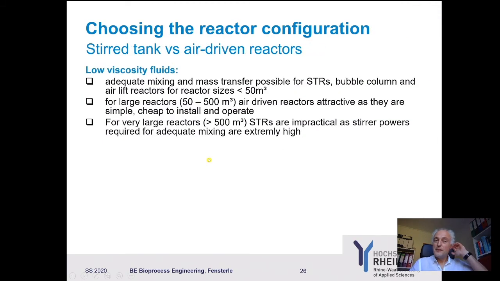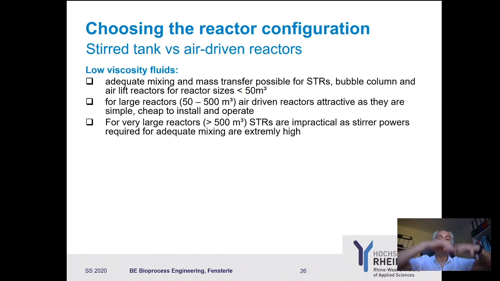Now, if you compare stirred tank versus air-driven reactors, we can say the following. For low viscosity fluids, adequate mixing and mass transfer is possible in reasonable reactor sizes, for stirred tank reactors, bubble column, and airlift reactors.